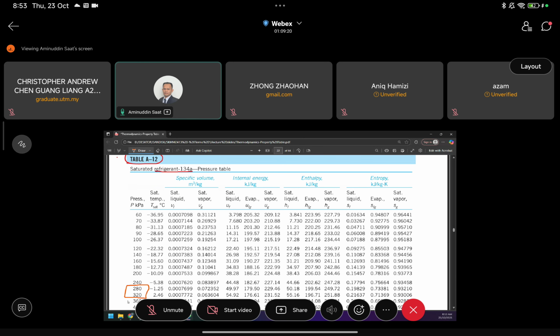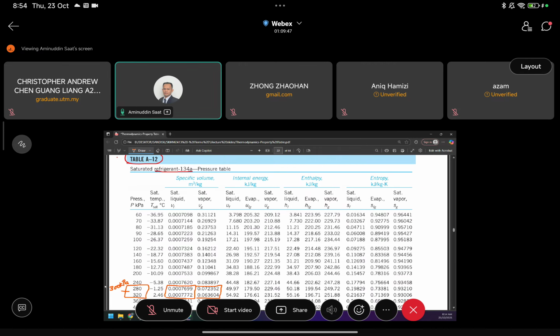Okay. So 300 kilopascal is in between this value, and then you need this two value for the VF, and this is two value for the PG. Okay. So this is your VF, this is your VG. So your value is between this 300 kilopascal.